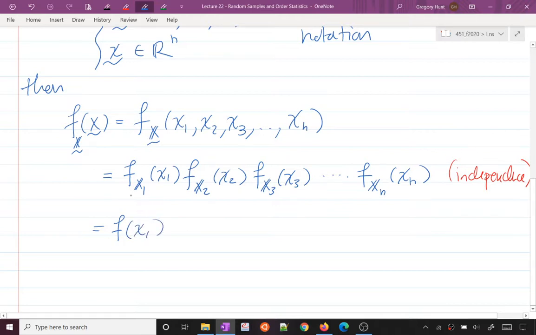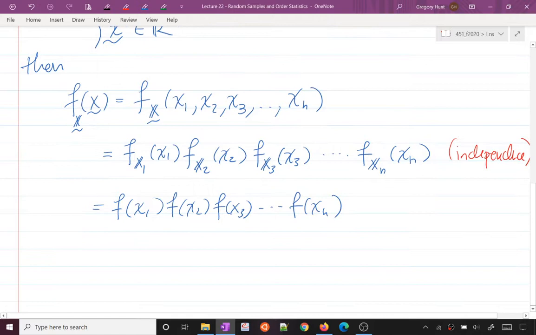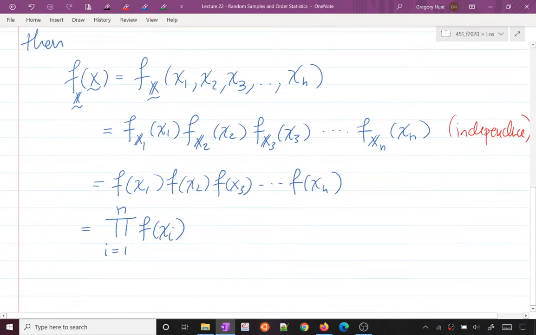I actually don't need the subscript X1 or X2 because they all have the same marginal distribution, which we're just going to generically denote F. So this is F of x1 times F of x2 times F of x3 times F of xn. And of course, you can write this more compactly with product notation: the pi for product, i goes 1 to n of F of xi. And we're allowed to do this because we have identical distributions.